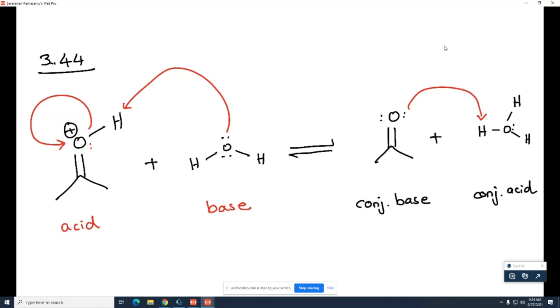Yeah, it's supposed to have a positive charge. There should be a positive charge on the hydronium ion.